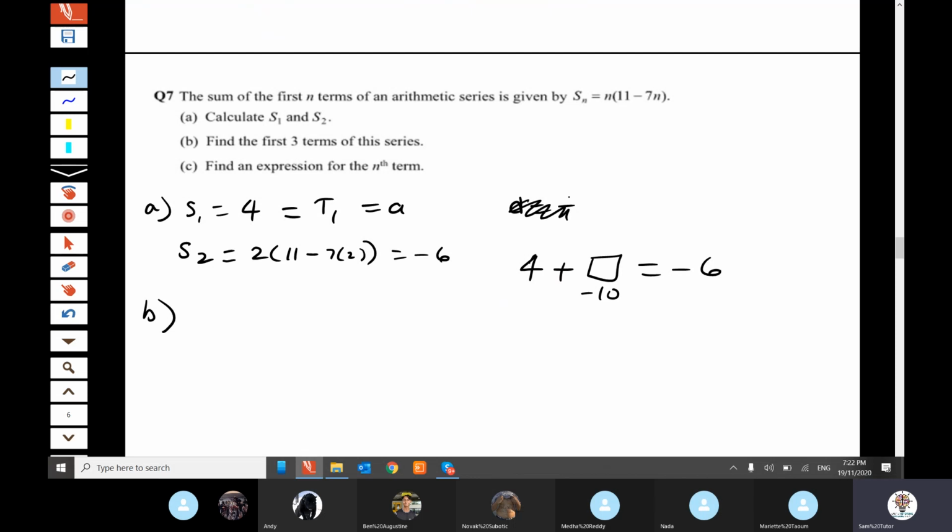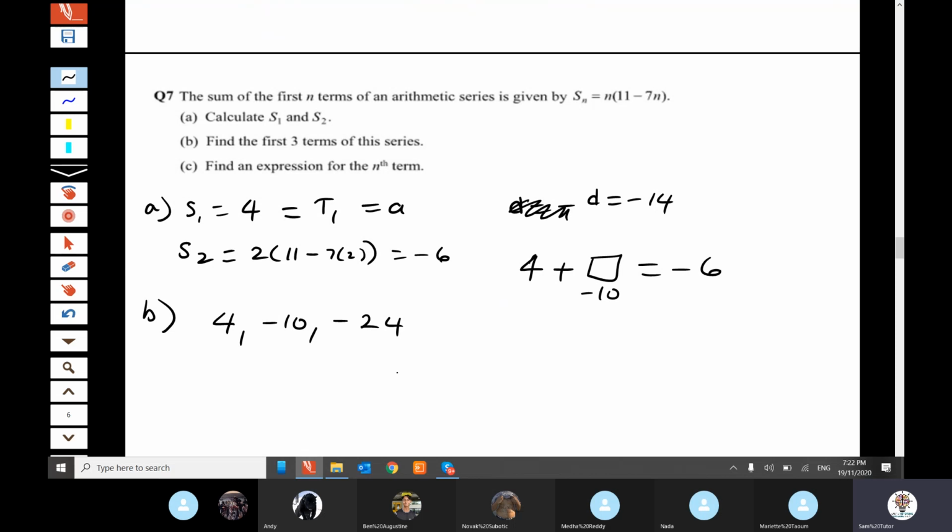Does that make sense? Yeah? 4 plus another number gives me negative 6. So your first term is 4. Your next term is negative 10. Your next term is negative 24. That's better. All good?